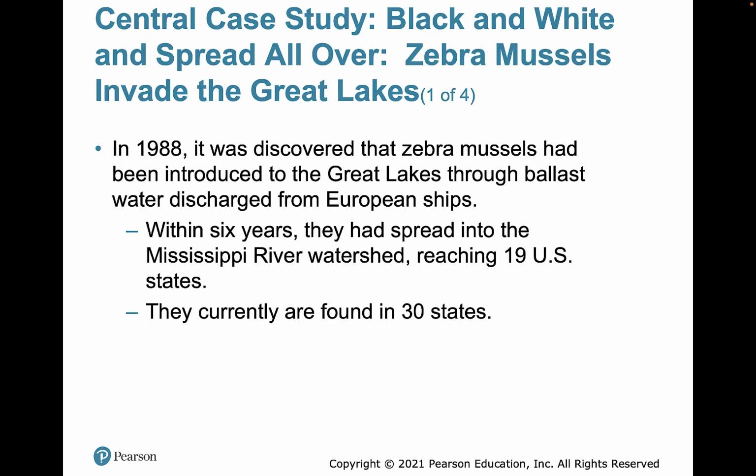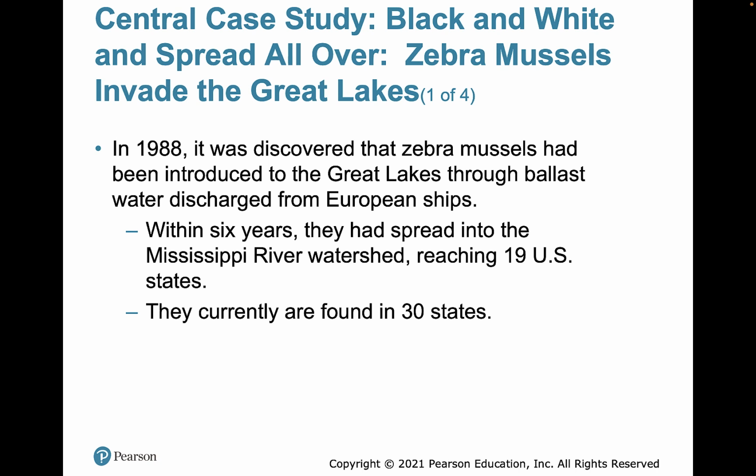So the central case study for this chapter is about an invasive species. They're called zebra mussels. So quite a while ago, in the late 80s, zebra mussels had made their way into the Great Lakes through ballast water. Ballast water is water that ships take on to help keep themselves upright so they don't capsize, depending on how much cargo they have.